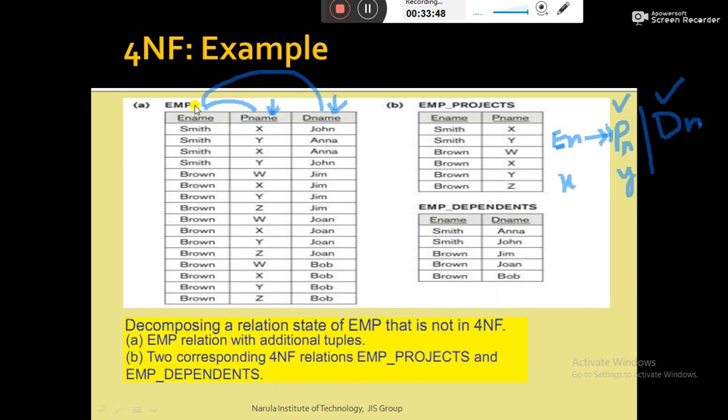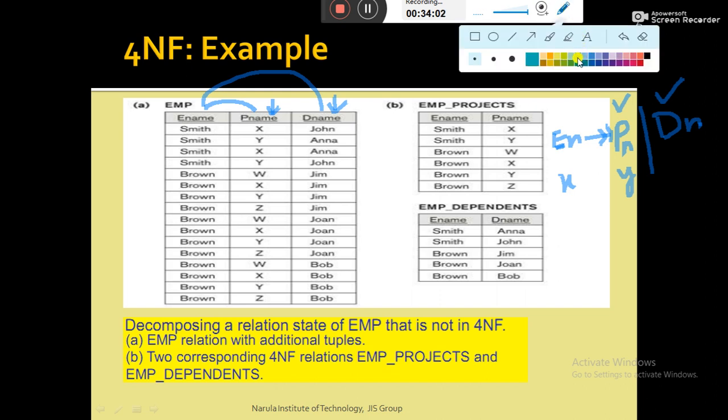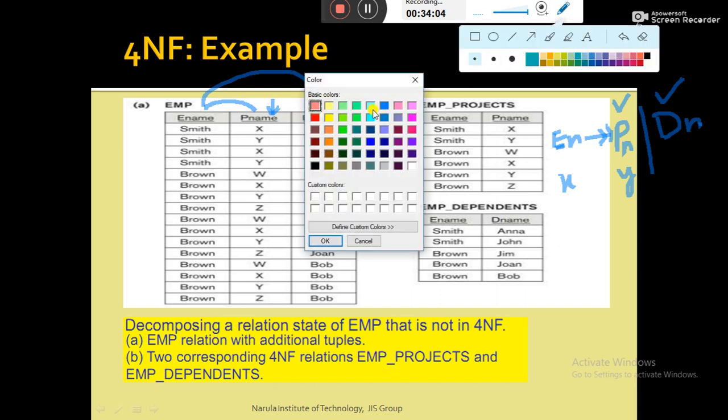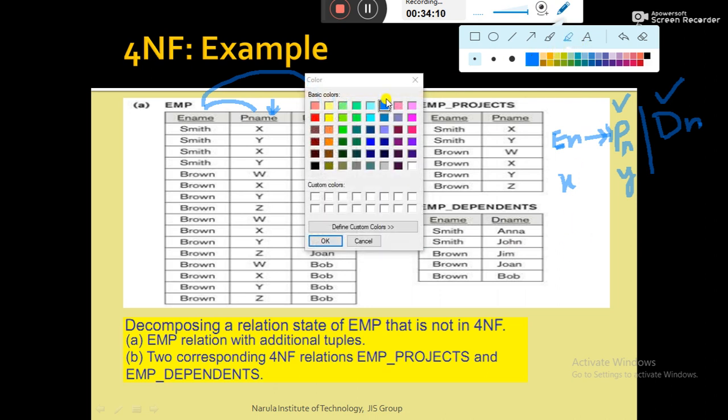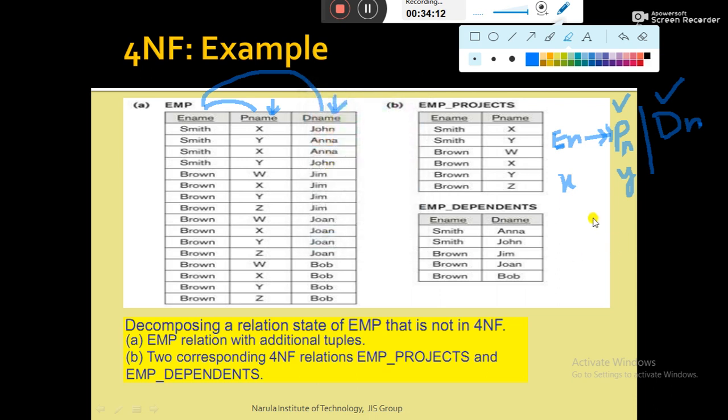So the second condition also doesn't hold. So neither condition A nor condition B holds. That means that multi-valued dependency is non-trivial. In short, I am writing it non-trivial multi-valued dependency.